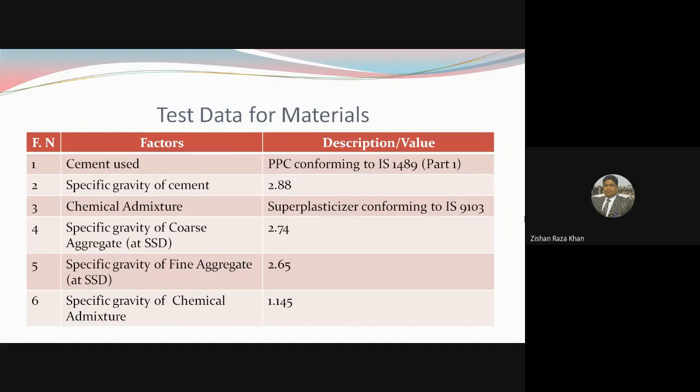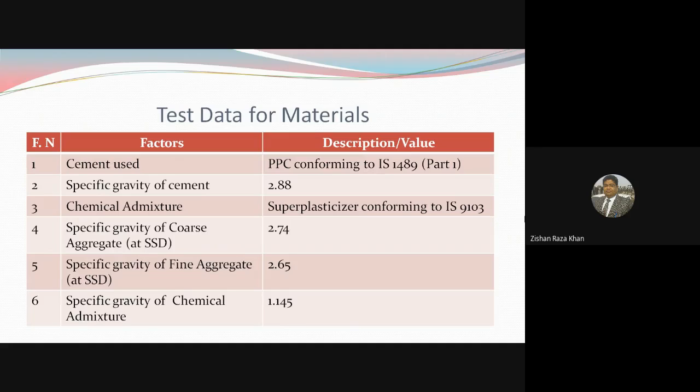There is some other data which is used for calculation purposes. The cement is again PPC, and the specific gravity of cement is taken as 2.88 gram per centimeter cube. You can take the specific gravity of cement based on the manufacturer certificate.